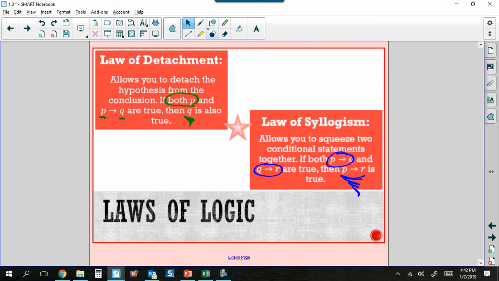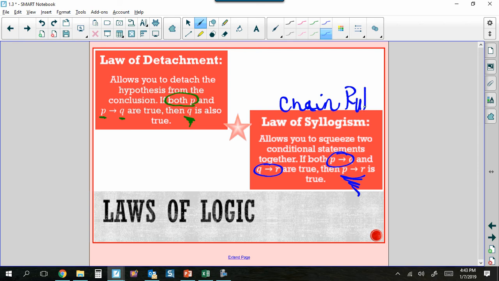Very frequently you'll actually hear it called the chain rule. So we're like saying if A equals B and B equals C, then A has to equal C, because they are both equal to this middle letter, this middle link, linking the whole thing together. So hence the chain rule. There you go.